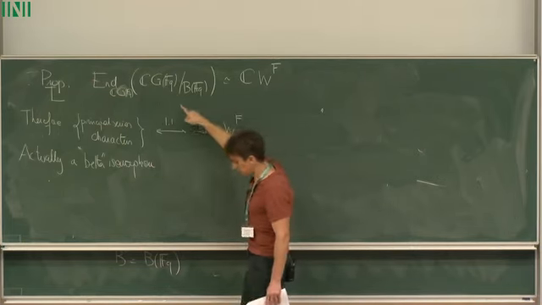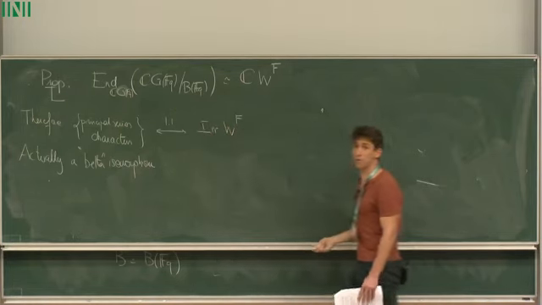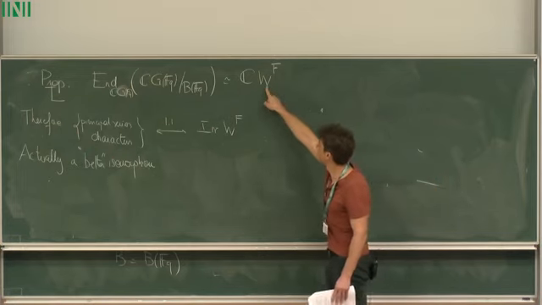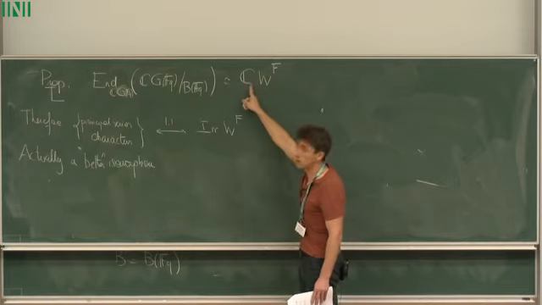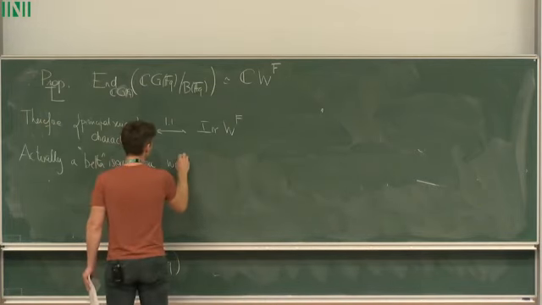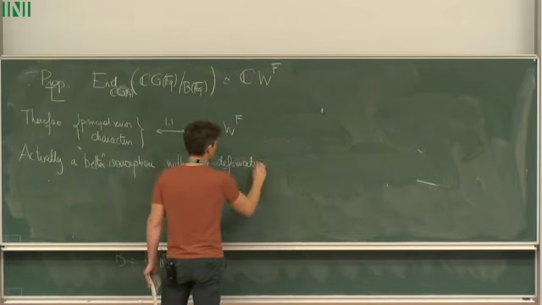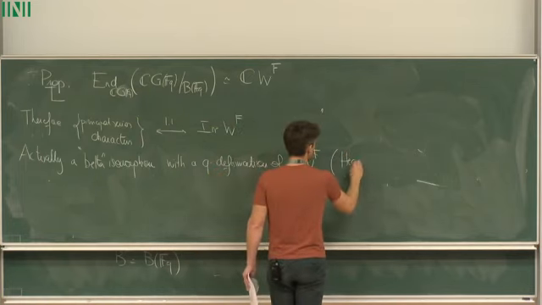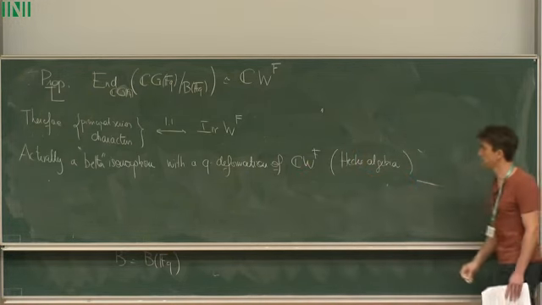And for every element of the Coxeter group, you have a well-defined operator, which is not of finite order. So for example, if you take an involution here, it will not square to 1. So it's actually a Q-deformation of the group algebra of the Weyl group. So we have a better isomorphism with a Q-deformation of the group algebra, which here will be the Hecke algebra with some parameters of this Coxeter group.